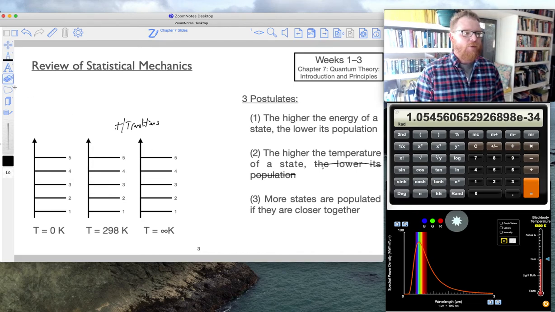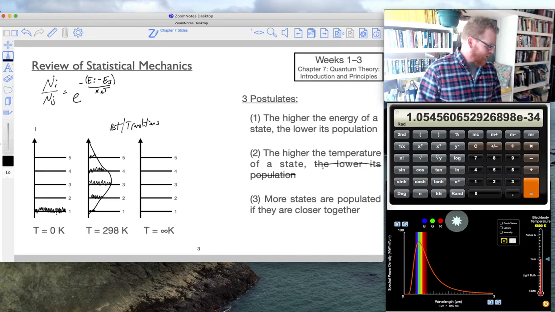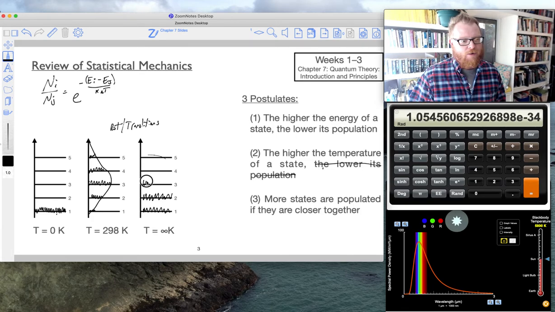So actually, I'll take the vibrations off the list there. Getting back into the saddle, folks. Getting back into lecturing. And if such a temperature could exist, infinite Kelvin, then all of these states would be thoroughly populated.